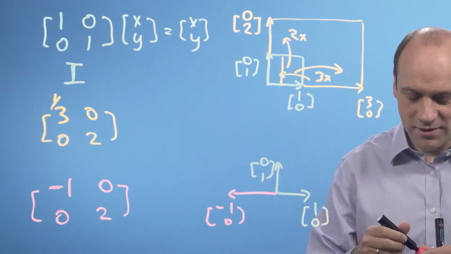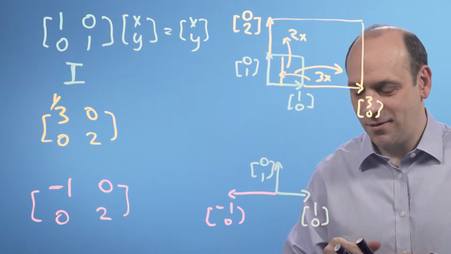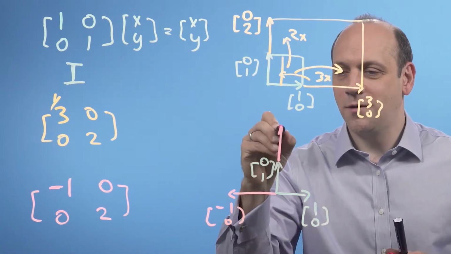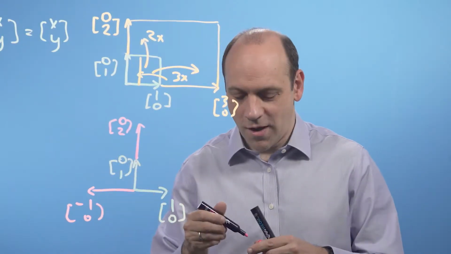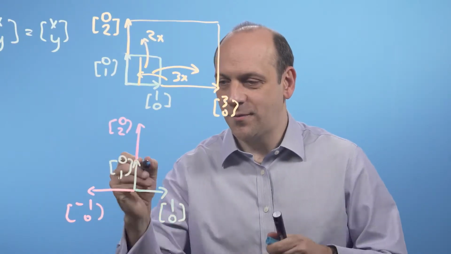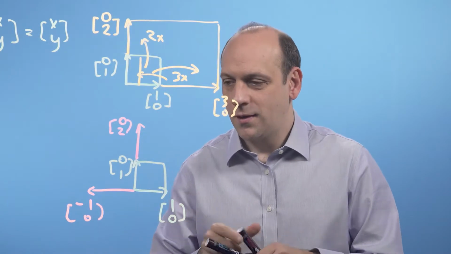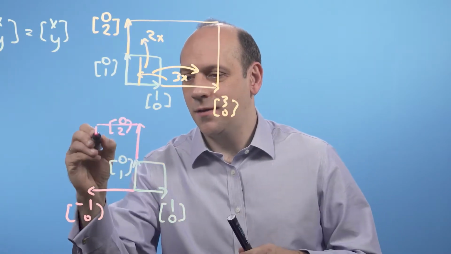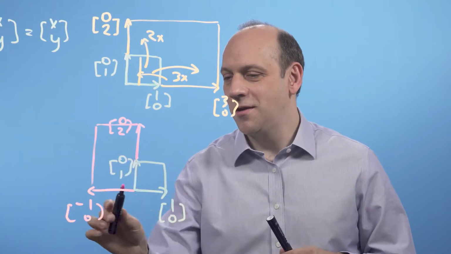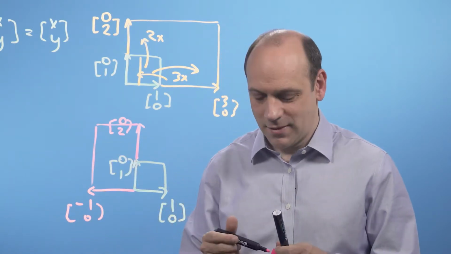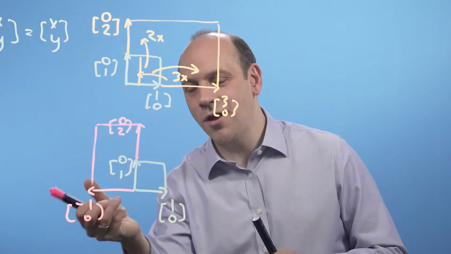And the 0, 2 is going to scale the other axis up to 0, 2 here. So my original little cube goes from here to here. So it's changed in area by a factor of 2, 1 times 2, but it's also flipped over. The x-axis has gone over there.